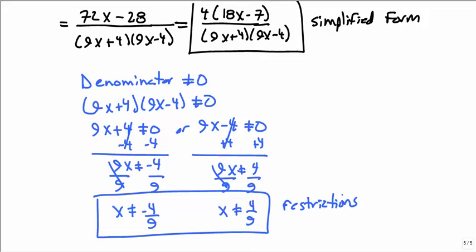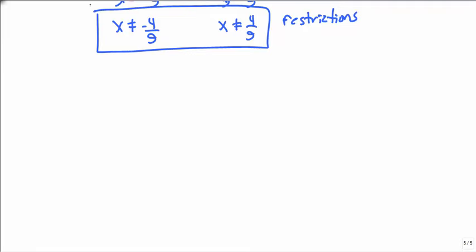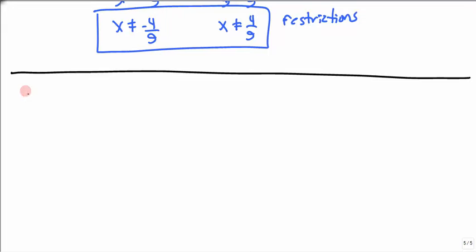So everything that we've done so far has dealt with a rational expression. Now we're going to start to work with equations. There's a big shift here because now we're trying to solve equations.